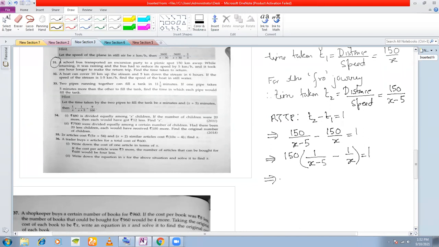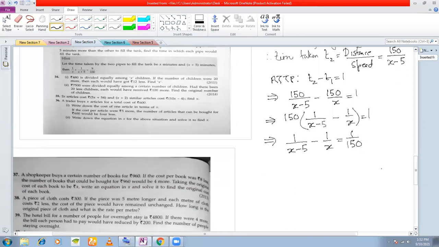Now you can divide both sides by 150, and now you can take the LCM. So here you will get x minus, and here you will get x minus 5.